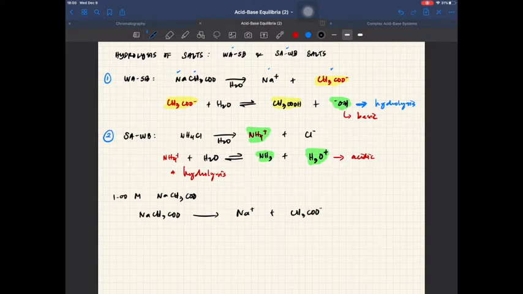Therefore, all the species are stoichiometrically equivalent. This one is 1 molar, this one is 1 molar, and this one is also 1 molar. But what happens next is that acetate ion will react with water in an acid-base reaction, or a hydrolysis reaction, to produce acetic acid and hydroxide ion.